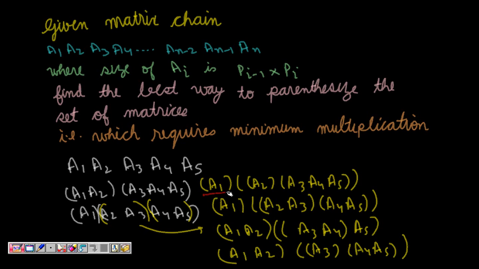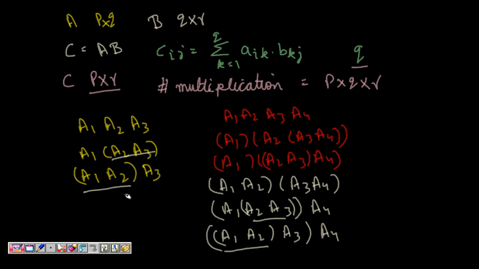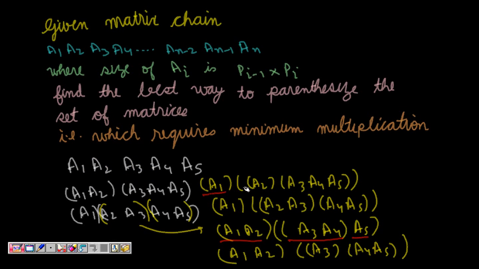I can parenthesize this itself recursively, so I can have A2, A3, A4, A5 together, then A1, A2, A3 together multiplied, and then A4, A5 together multiplied, and now their product getting multiplied, or A1, A2, then A3, A4 multiplied first and then A5. So we have a lot of options, and what we see is that the number of parenthesizations is exponential. Basically we can have a lot of options of multiplying.